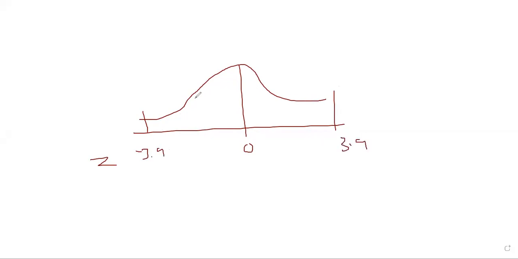So if you have a value like 1, so this value 1 here means the area from this point to this point is giving you the probability. So just to start with, the probability at 0 here obviously should give you 50% because this is where the middle is.